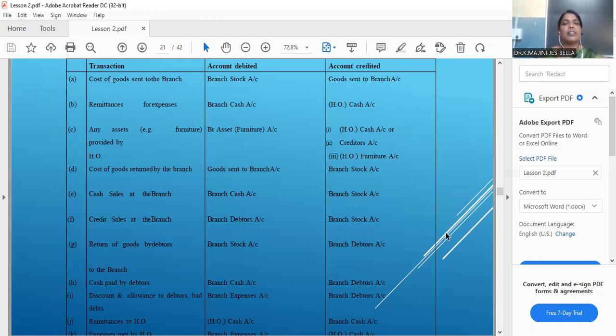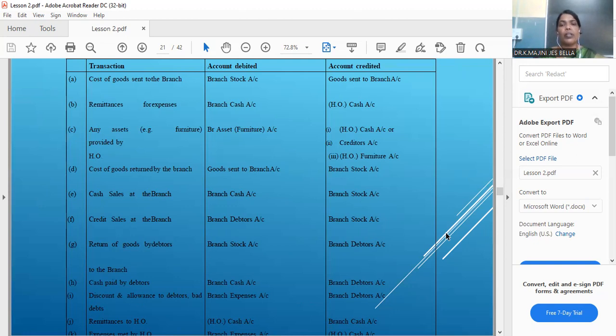Okay, then credit sales at the branch. Account debited, branch debtors; account credited, branch stock. Then return of goods by debtors to the branch. Here branch stock is debited, but account credited is branch debtors. Then cash paid by debtors. Account debited, branch cash.